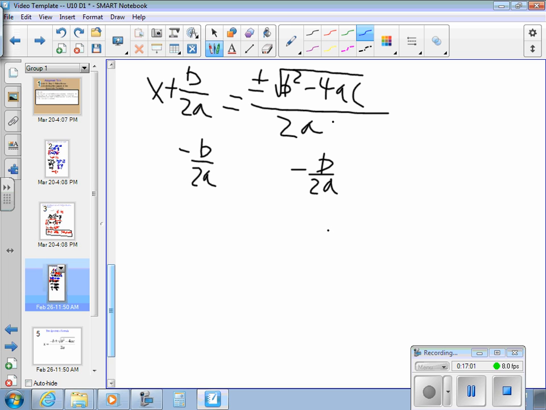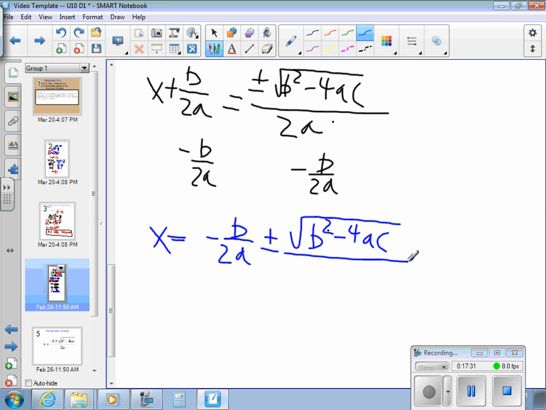Okay, so on the left I now have x equals, and then on the right I'm going to put this minus b over 2a out front. Minus b over 2a, and then plus or minus the square root of b squared minus 4ac over 2a.